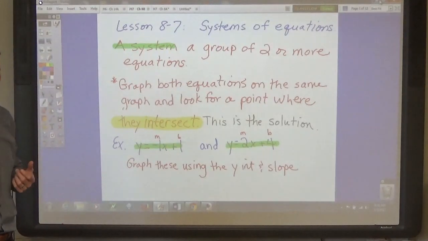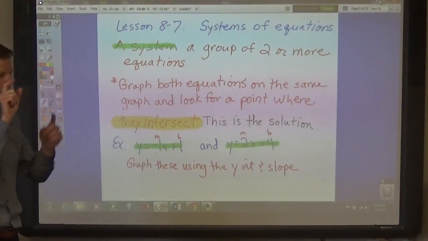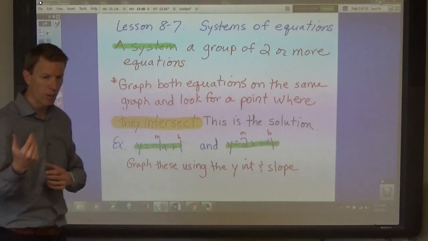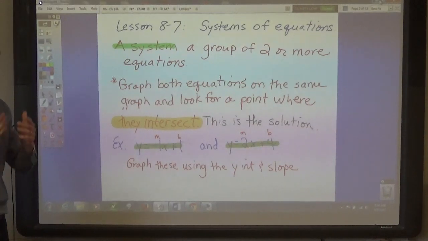And that's exactly what you did on lesson 8.2, when you were solving the puzzle. You were looking for a point, the coordinates, that when you put it into the equation, it makes the equation true. All right? So do you understand how a point makes the equation true? It's the two numbers, x and y. When it goes into the equation, it makes the equation true.